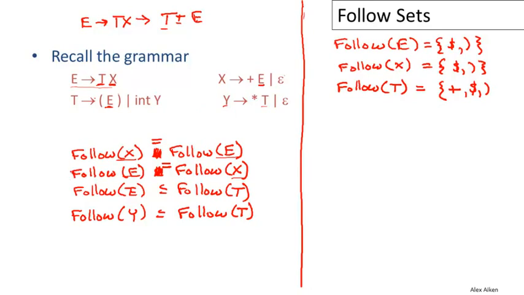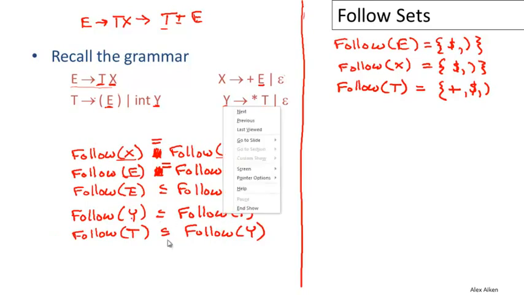And so where's Y used in the grammar? Well, there's only one place, and that's over here. And notice that Y appears at the right end of a production, which means that the follow set of the left-hand side symbol will be included in the follow of Y. And so the follow of T will be a subset of the follow of Y. Again, we have two follow sets that are subsets of each other.